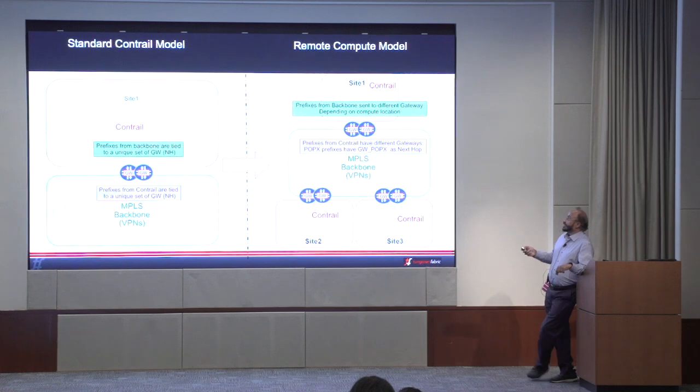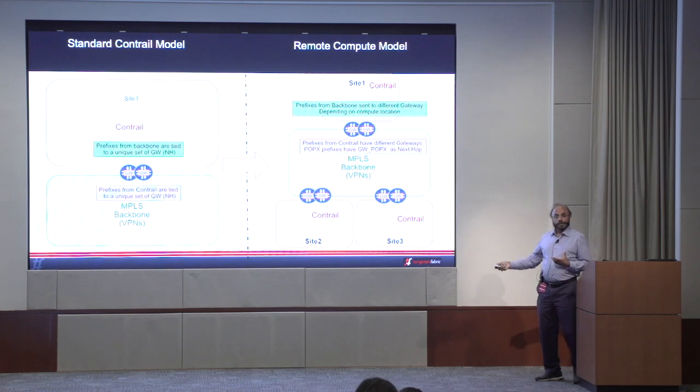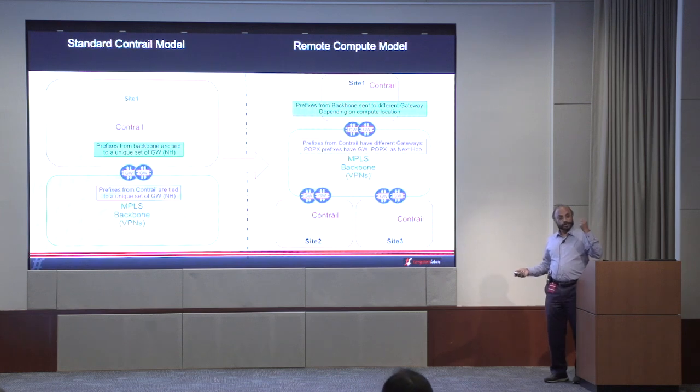So here is an example. In a standard Contrail or Tungsten Fabric model, you have an MPLS backbone and there you have a gateway. Remember, in the very first slide I talked about the gateway; that's how we move the traffic in and out.